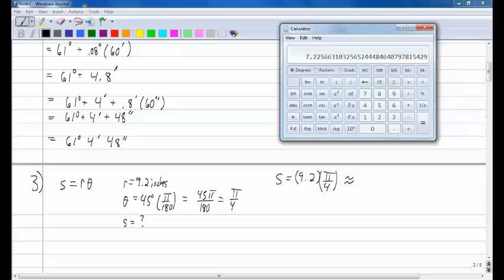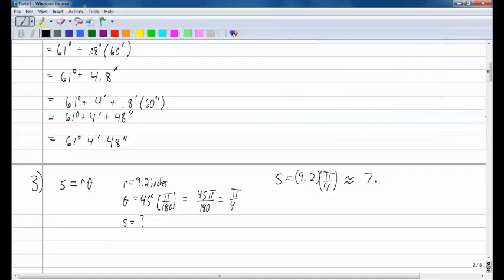Alright, and if we round that to 1 decimal place, that's the way these answers are given, 1 decimal place is right here. So 7.2. So the arc length is approximately 7.2 inches.